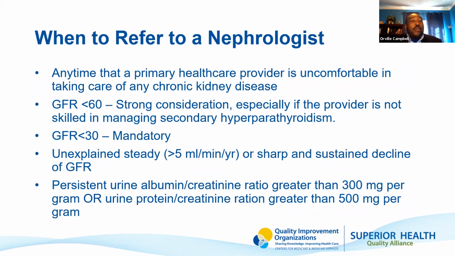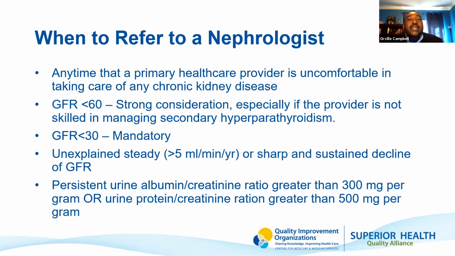This will tie back to our poll question. When do you refer to a nephrologist? Well, number one, anytime a primary healthcare provider is uncomfortable taking care of chronic kidney disease at any stage, it is better to refer and make sure the patient is taken care of.